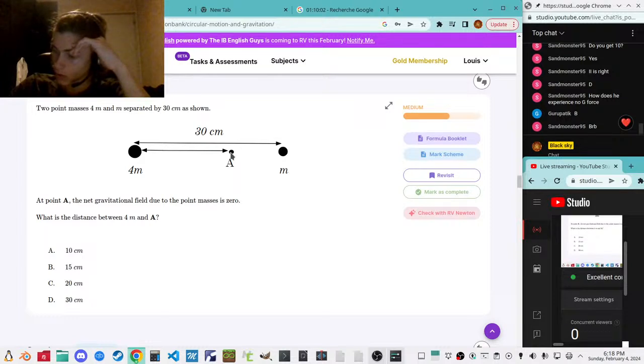We're looking for r, are we? Therefore, we get rid of the m's. We have 4 over r squared equals 1 over (30 minus r) squared. It's ridiculous, now we have a ton of variables.